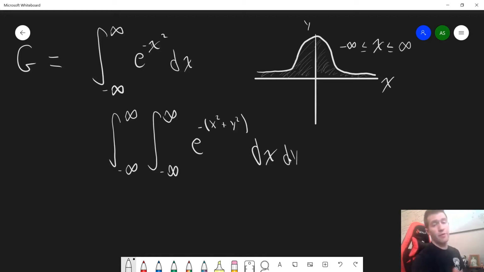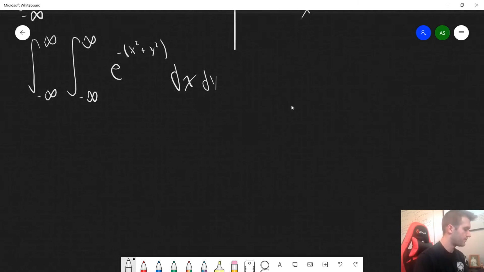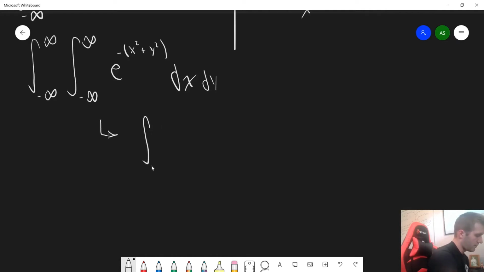and those can be in any order you want. It doesn't really matter. So at this point, let's actually just pull that y out here. Let's factor the y variable term out, because it's the constant, since that would be the outer term, and pull that out of the inner integral here. Let's see what that gives us. So we're going to have some integral here from negative infinity to infinity.